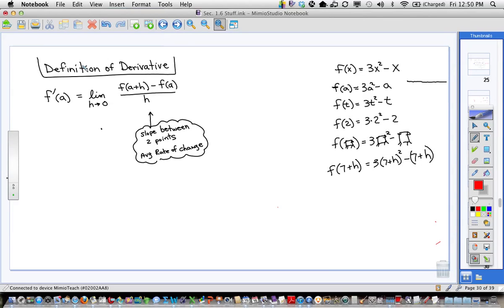Now, I really want you to understand that in this definition, there are 2 main parts. There's this part, which is the slope between 2 points, and then there's this part that makes the 2 points become 1 point. That is instantaneous rate of change.